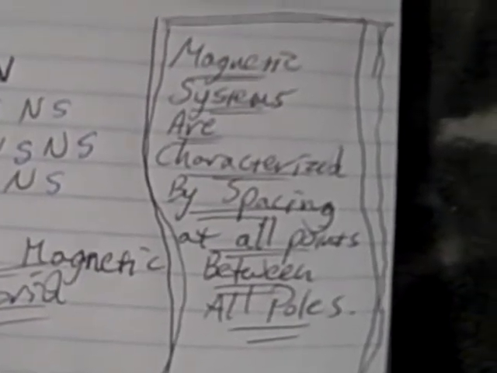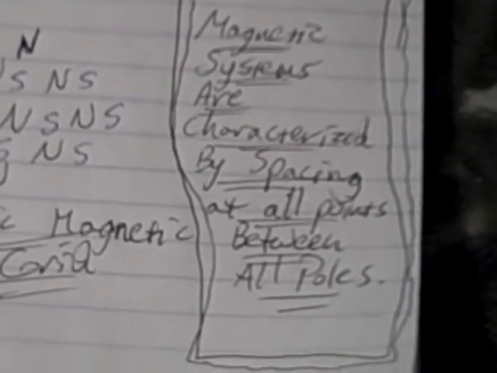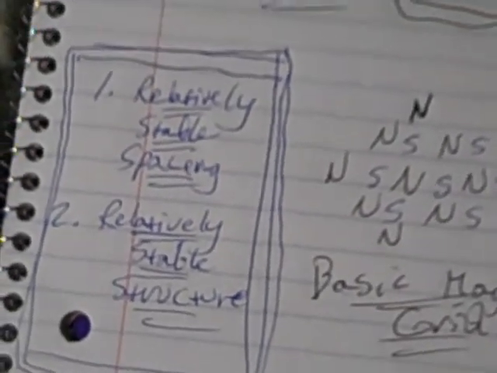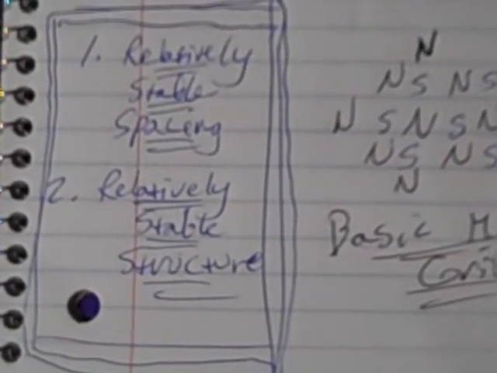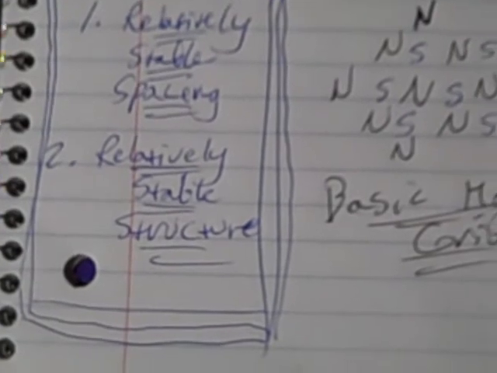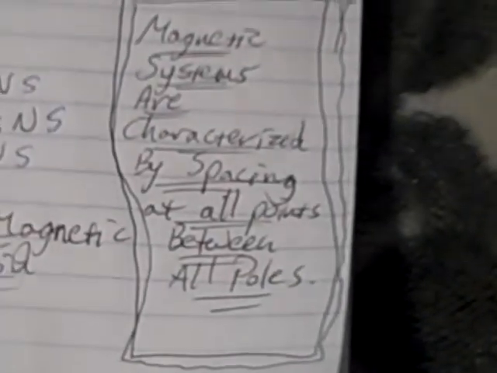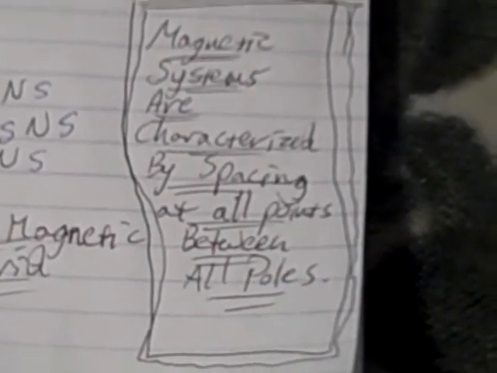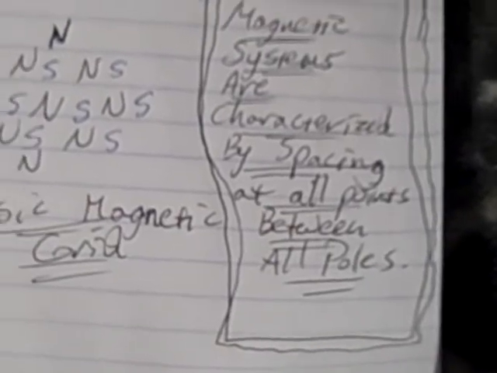But there's something else which is very important, and which is connected to these other two principles of relatively stable spacing and structuring in magnetic systems: magnetic systems are characterized by spacing at all points between all poles.